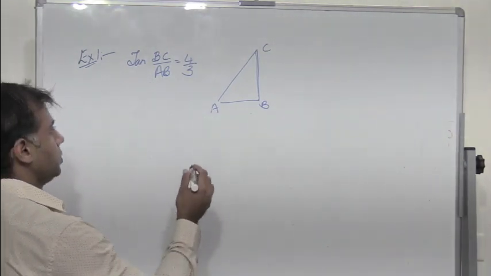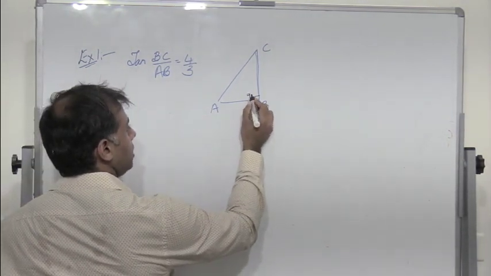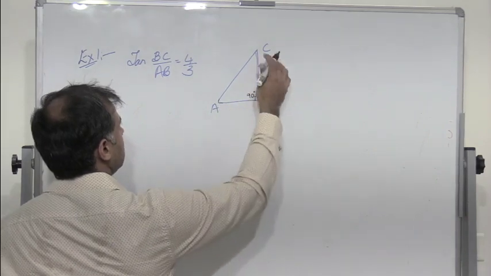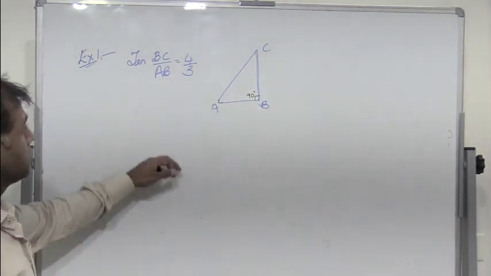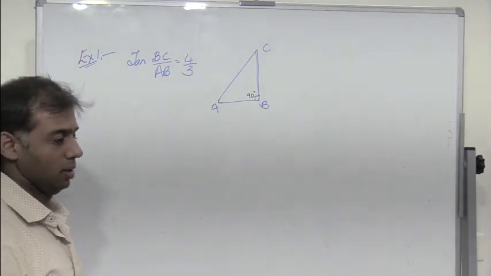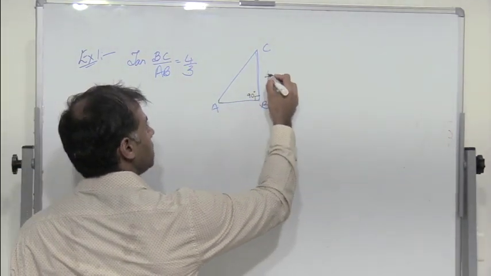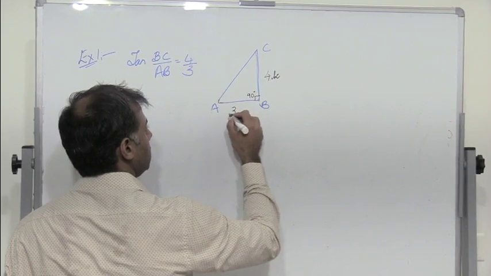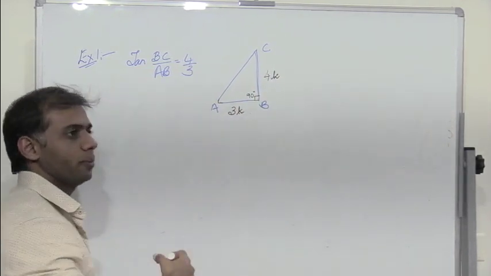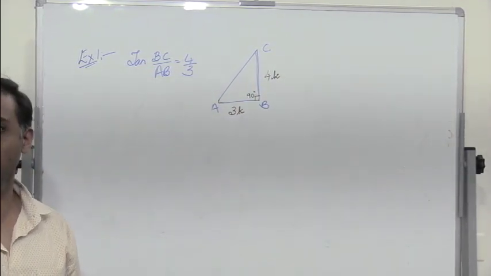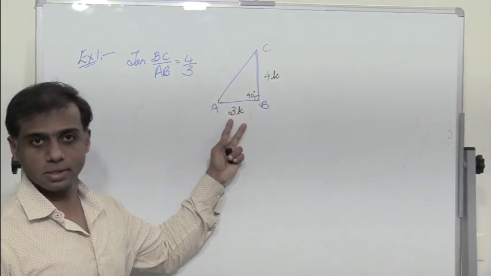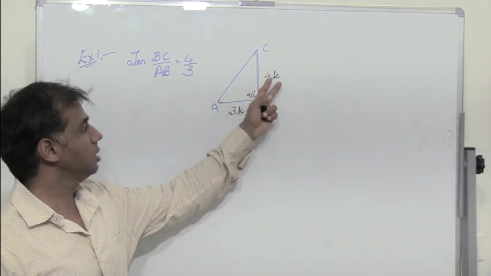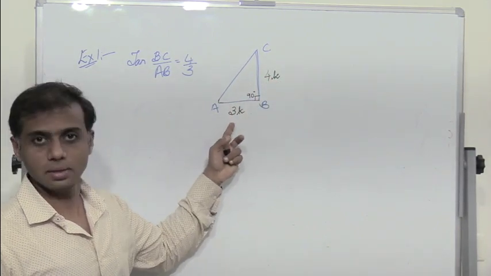Tan A, so this is 90 degrees. Tan A is BC by AB, right? So the ratio is 4 by 3, so let this be 4k and 3k. The ratio is 4 by 3, so the lengths need not be 4 and 3. The lengths can be 8 and 6, or 12 and 9.